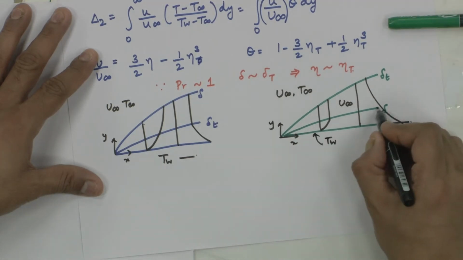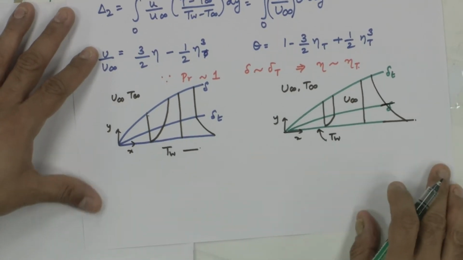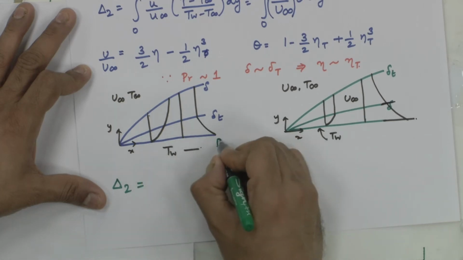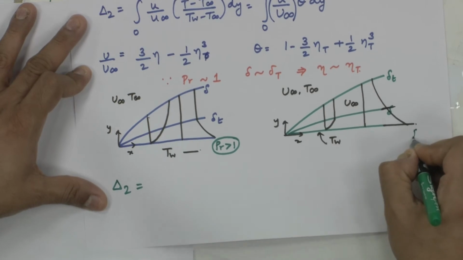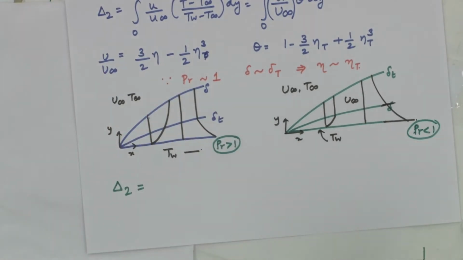Okay. So what I want to emphasize here is, whatever be the Prandtl number, the integrand for this, so delta 2 is going to be split. This is Prandtl number greater than 1. This is Prandtl number less than 1. Our case is Prandtl number equal to 1.